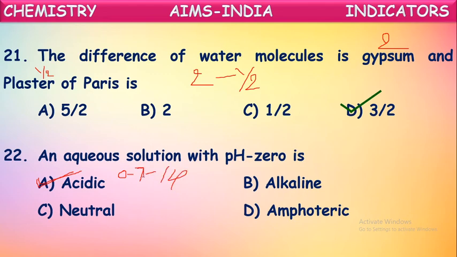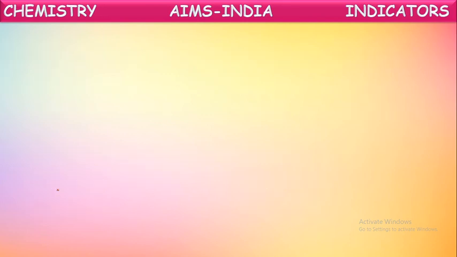Solutions with pH value exactly 7 are neutral substances. Not neutral, it is acidic. Neutral means the pH value should be 7. The pH value is given as 0, so they are acidic solutions.